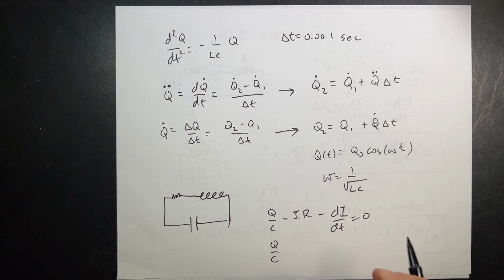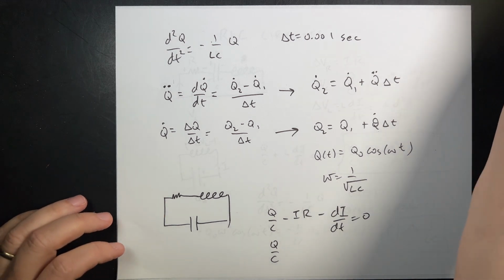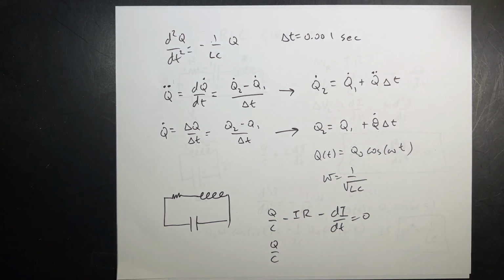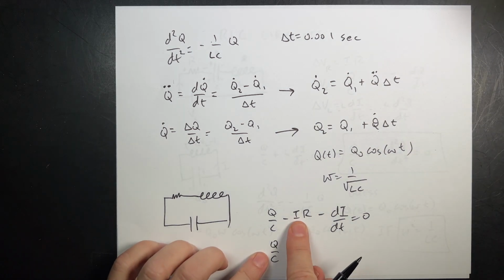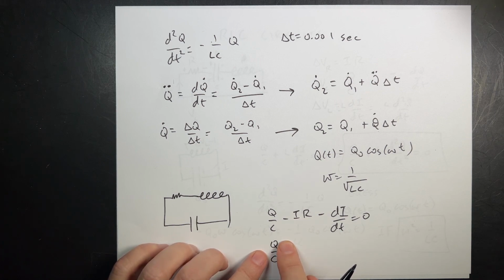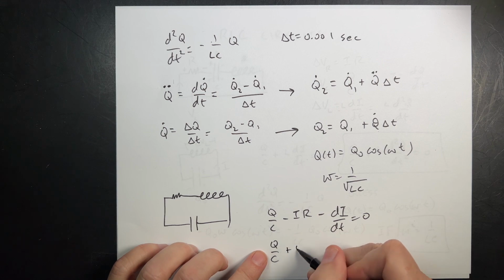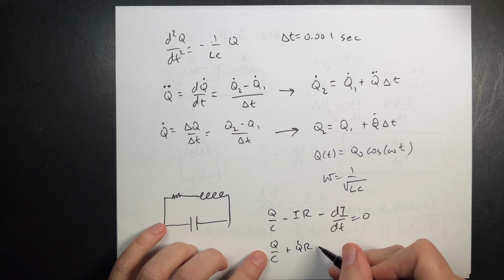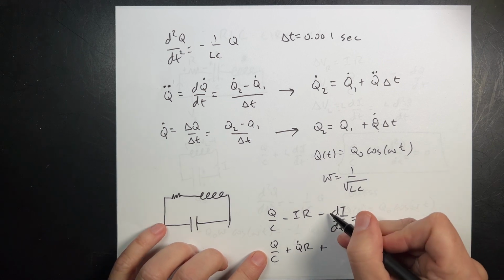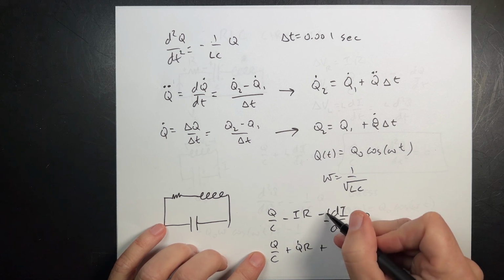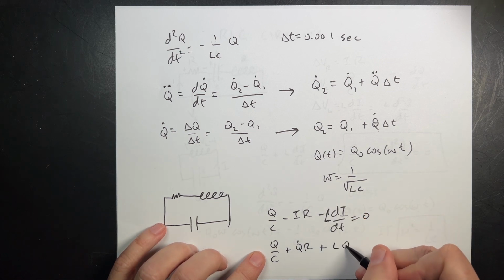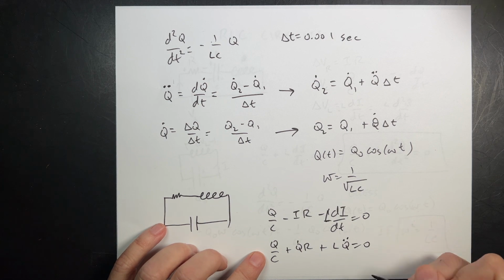Is it plus? I always get this backwards. Let me see what I put. I wrote it down. Yeah, they're going to be plus because the current is the flow of charge, but Q is the charge on the capacitor. So it's going to be plus Q dot R plus L Q double dot equals 0.